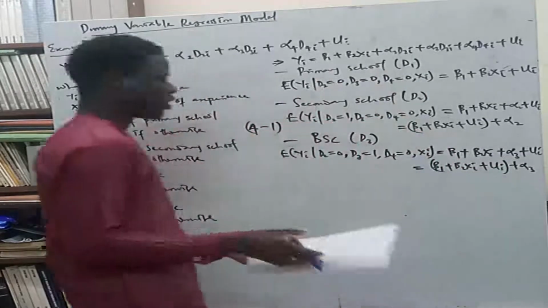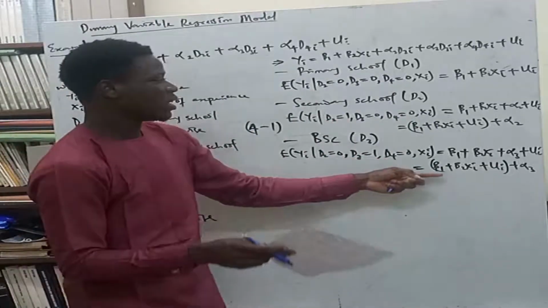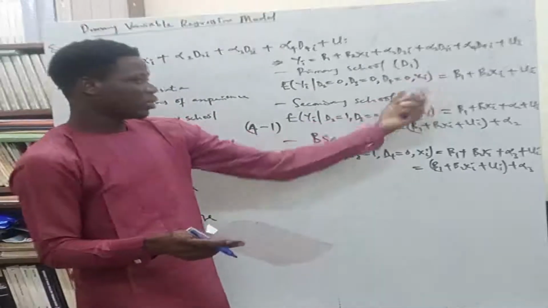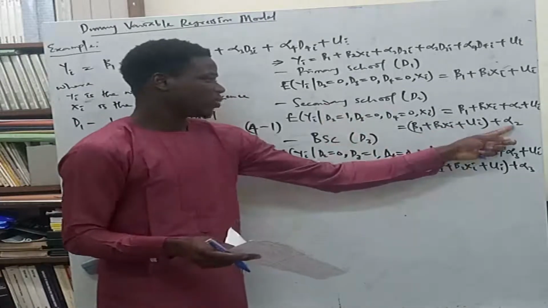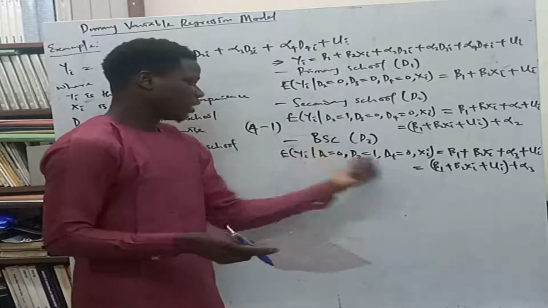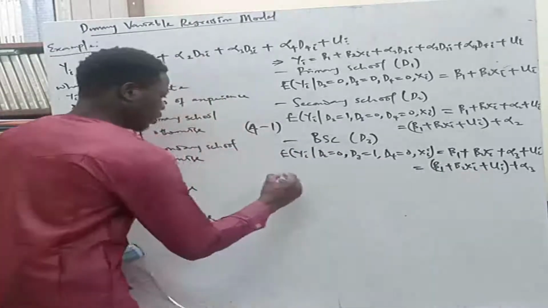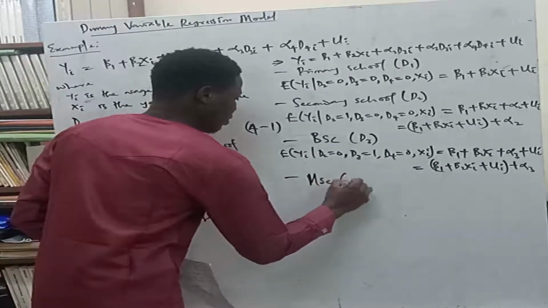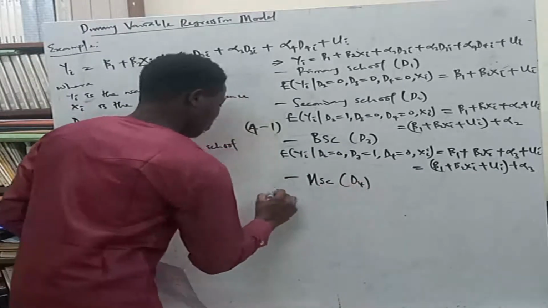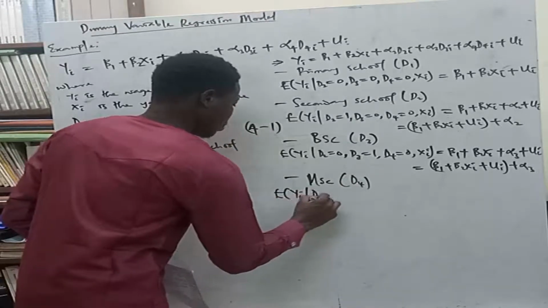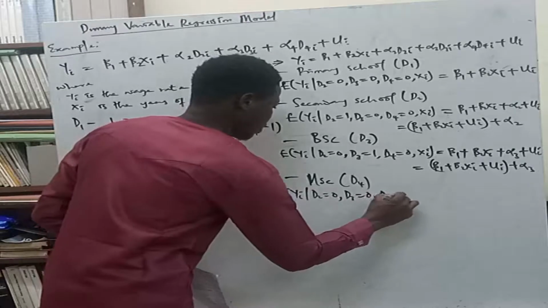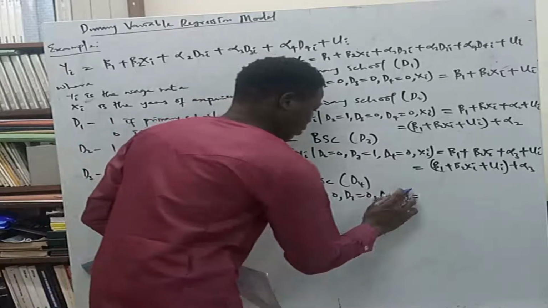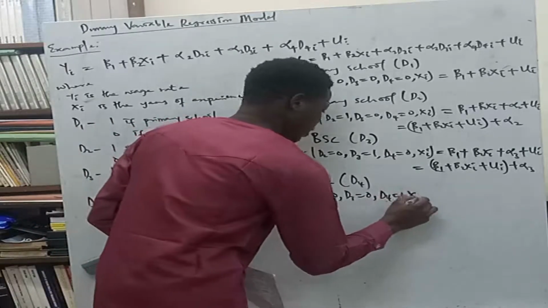So I mentioned that all our interpretation will be made with reference to the base category. So you can see the difference here. For secondary school, the difference is alpha 2. For BSc, the difference is alpha 3. Then for MSc, let's see what's happening. That's D4. So we have D2 equal to 0, D3 equal to 0, then D4 equal to 1. So we have xi.